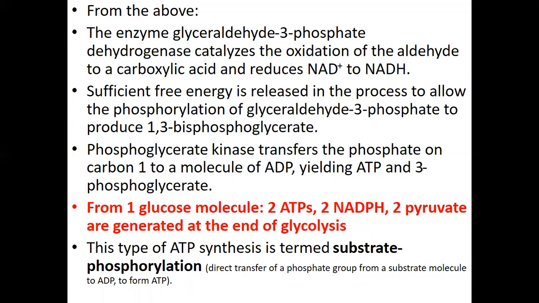Now, in the presence of oxygen in such a cell, the pyruvate goes into the mitochondria, where it is completely broken down to release the energy stored in it, because this pyruvate has lots of energy in it.